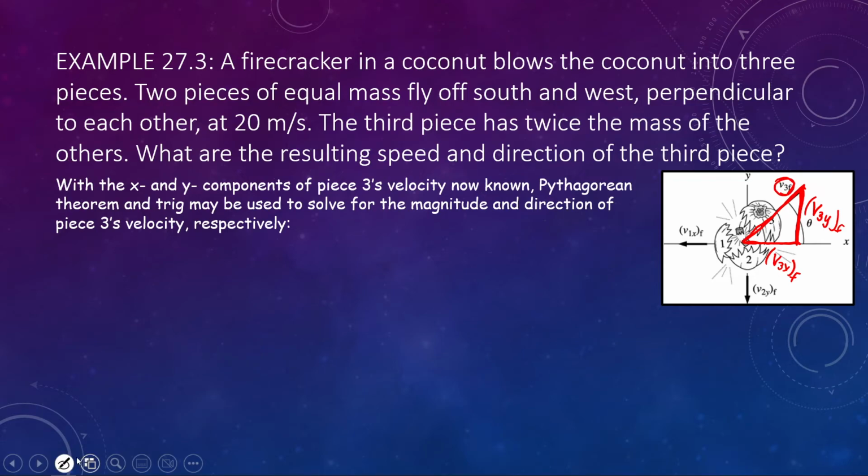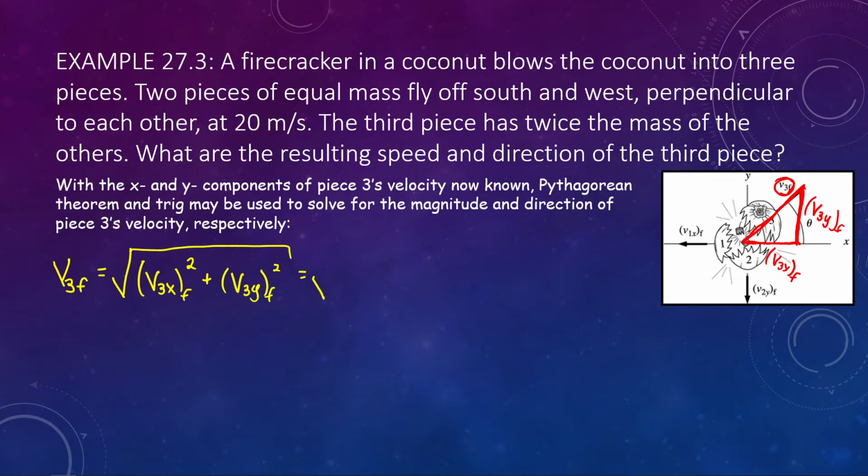So we use the Pythagorean theorem, our classic Pythagorean theorem. So v3 final, what we're looking to solve for in this problem, would then be the square root of each component squared: v3x final squared plus v3y final squared.